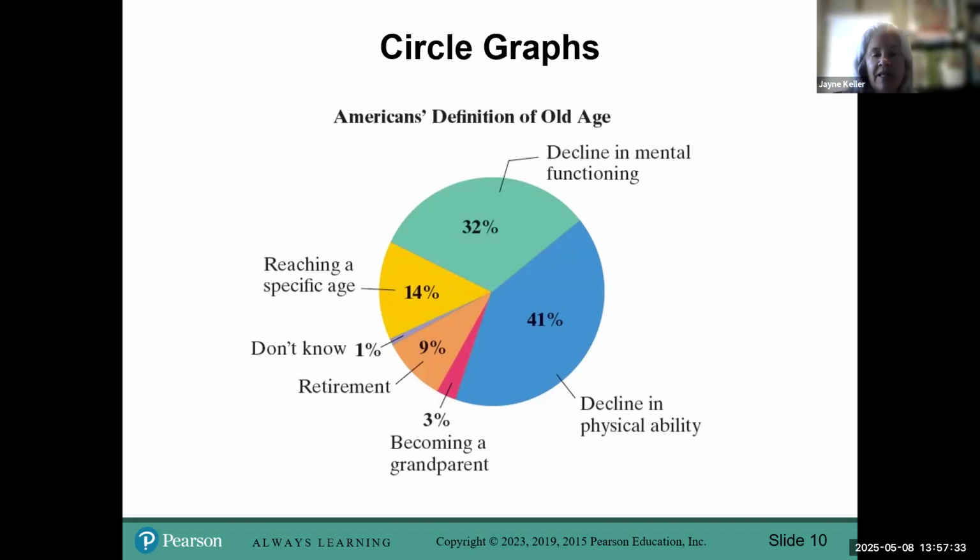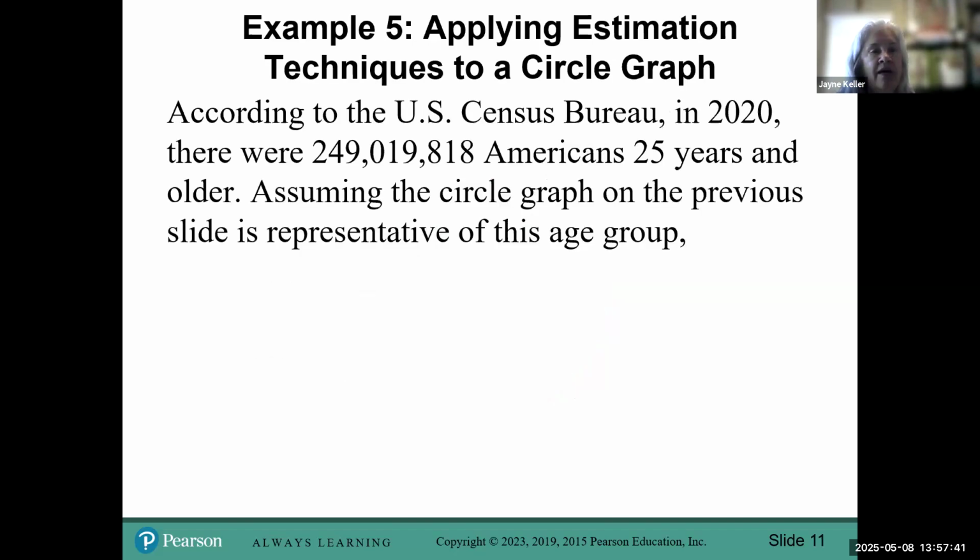But if I have something like this, say I saw this in print or online somewhere, and I knew that at the time of the last Census Bureau count, there were 249,019,818 Americans that were 25 or older.